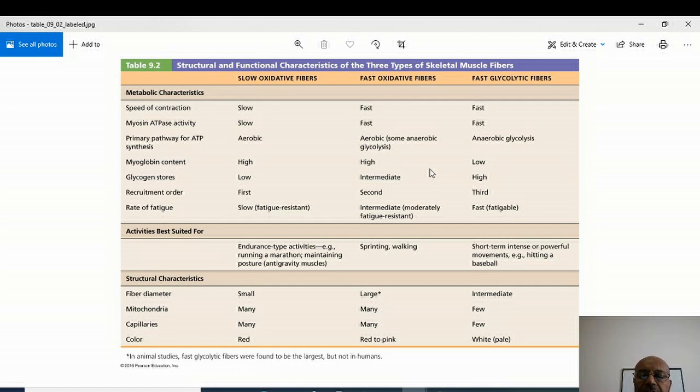So such people may not be very good sprinters, or they may not be very good at endurance exercise. They will be in between, but through exercise these muscle cells have a chance to be changed into slow oxidative ones.